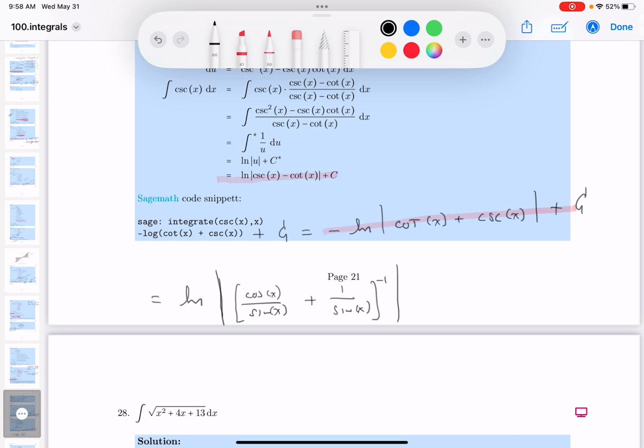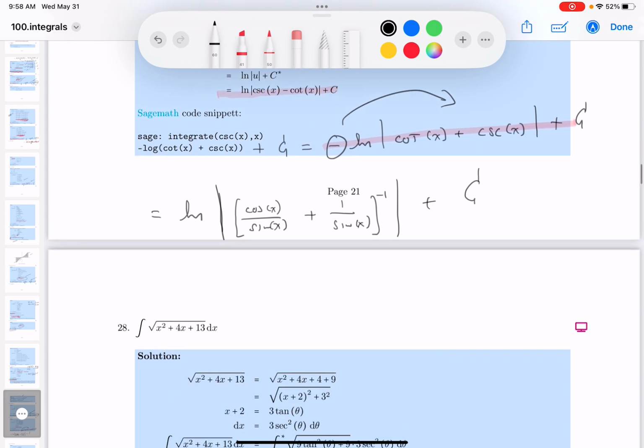Absolute value. What I did was put the exponent up, and wrote sines and cosines, everything in terms of cosines and sines. Let me keep rewriting this. You can get natural log, the absolute value. I'm seeing cosine x plus 1 over sine x, but to the negative 1, so it's going to be sine x over cosine x plus 1, absolute value.